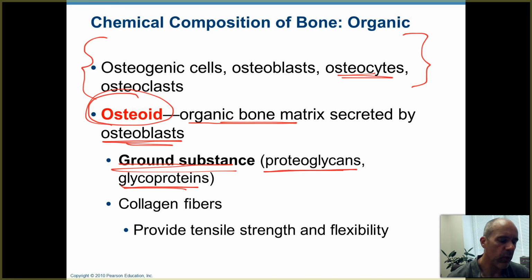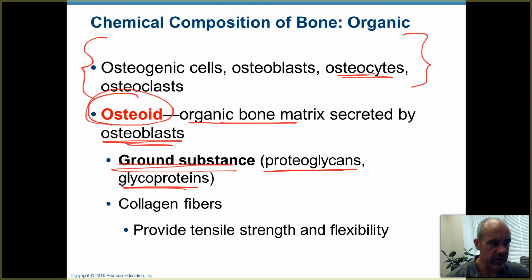And what those types of molecules do, I kind of visualize it sort of like Jell-O. They bind water just like gelatin does in Jell-O, and it soaks up so much water and creates this thickened kind of semi-solid material. That's your ground substance in this osteoid.